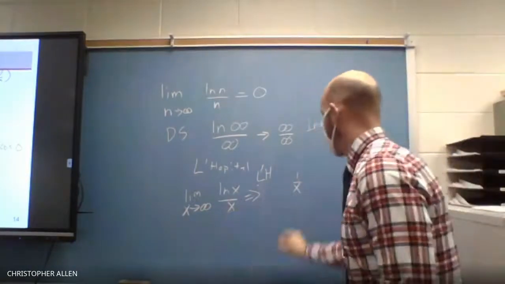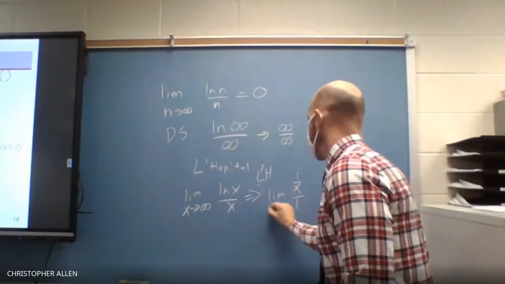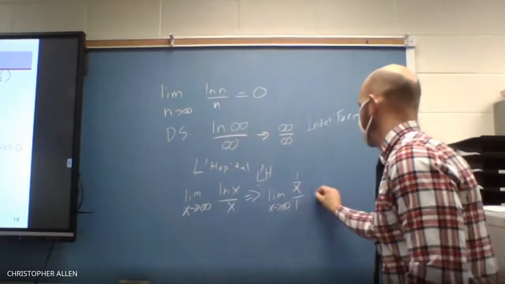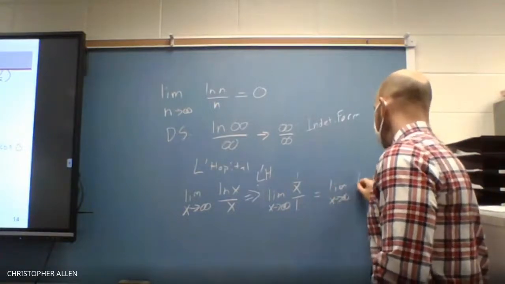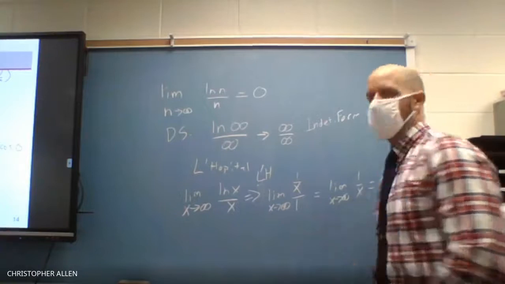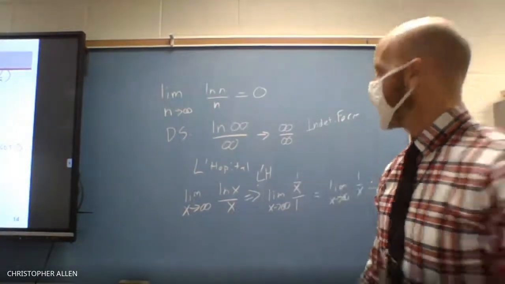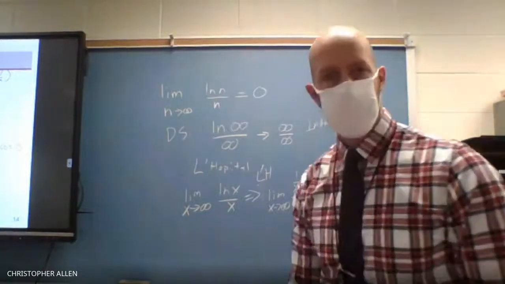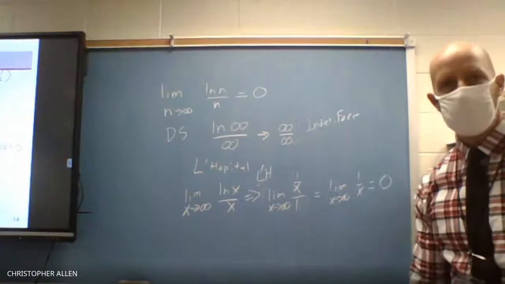The derivative of the bottom is just 1. We're still doing this limit as x goes to infinity. So now we're back to a very simple limit, which is 1 over x, which, as you guys already know, is 0, right? So, Steven, you are correct. Comments or questions on this one?